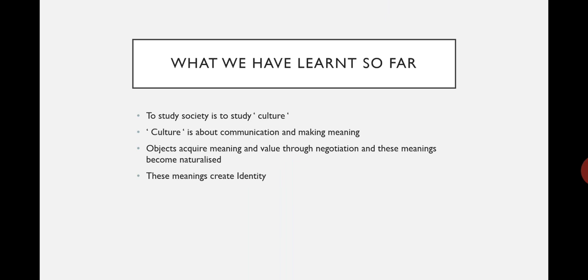We don't even think about giving girls dolls and boys tools. It's taken for granted. It's naturalized. And we are influencing, demarcating what a girl should be and what a boy should be. These meanings create identity.